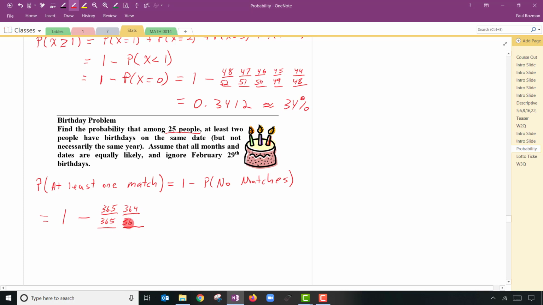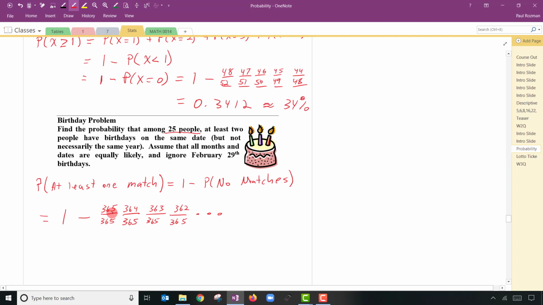But there are still 365 days in the year. And then we just keep going. There are 363 birthdays available for person three. And then person four has 362 birthdays. And we just keep going until we hit the last person.